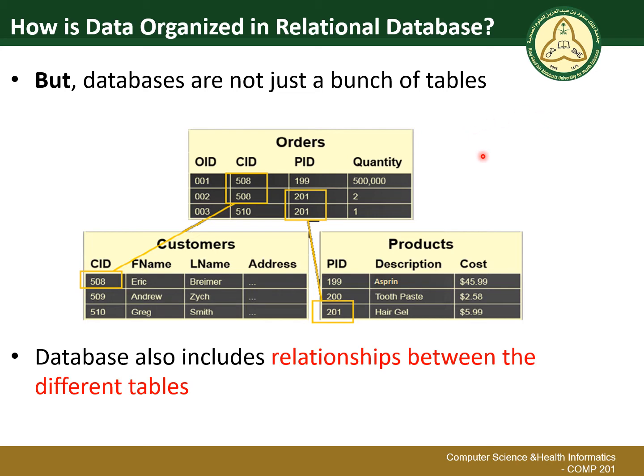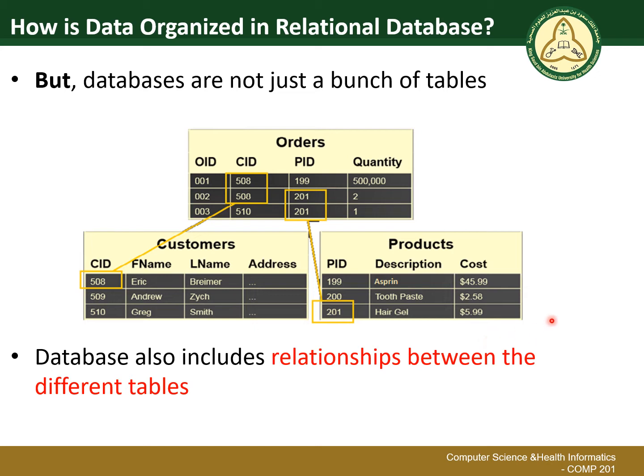For example, here we have the customers table, which will include customers records or records about the customers. So in the customers table, there is a customer ID, the customer first name, the customer last name, and the address.